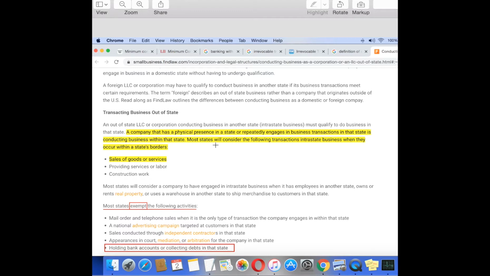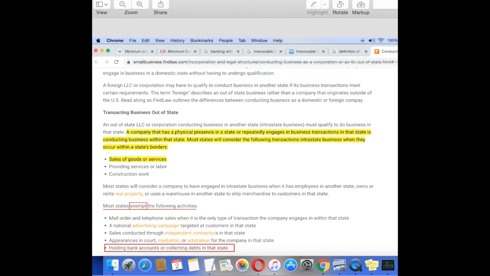So whoever does the taxation for business and sales in your state, that agency's definition of doing business in a state would be your basic guideline on how you would categorize what is considered doing business in a particular state or within your state.